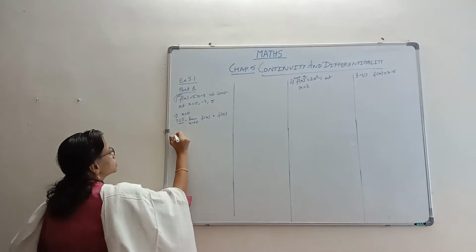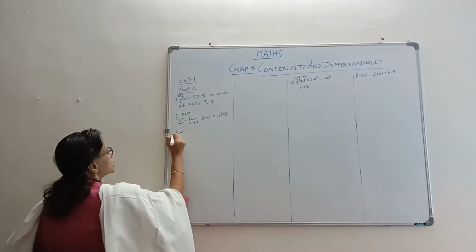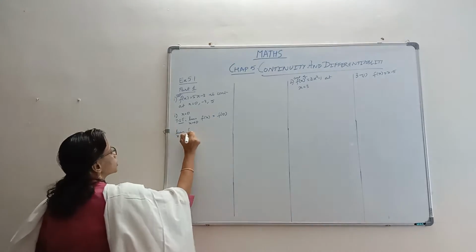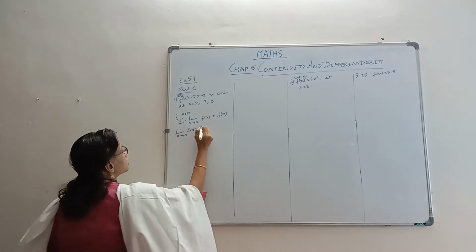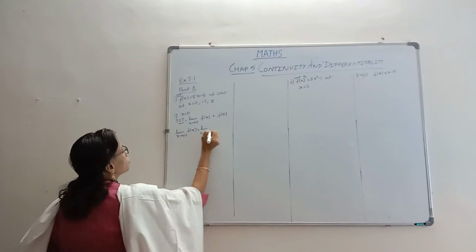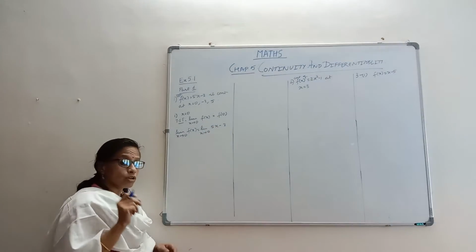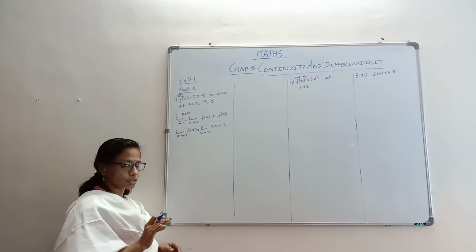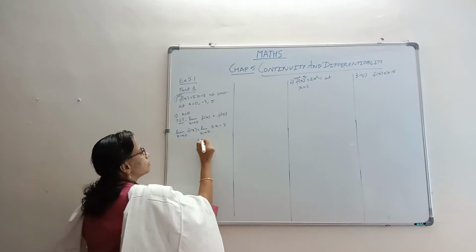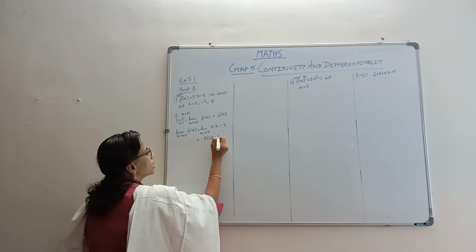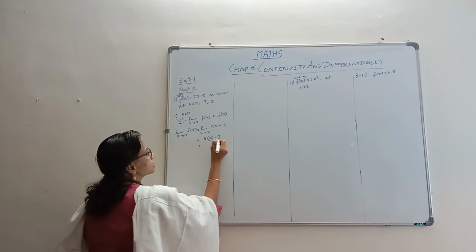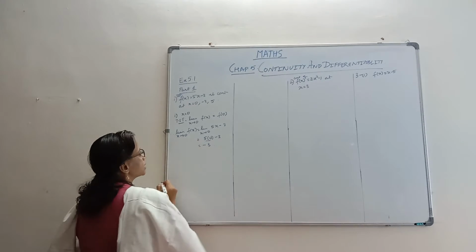We'll consider limit as x tends to 0 of f of x, which is limit as x tends to 0 of 5x minus 3. X tends to 0 means it's very close to 0 but not 0, but you can substitute the value. So it will come as 5 times 0 minus 3, which is 0 minus 3, answer is minus 3.